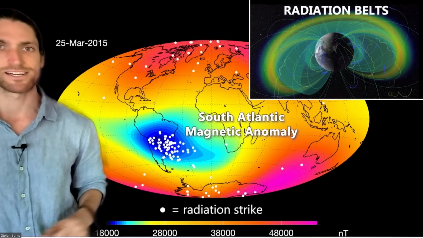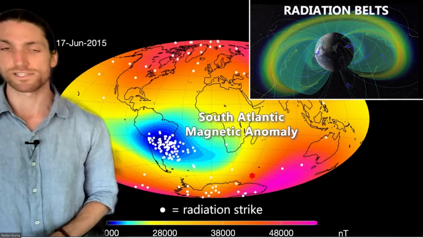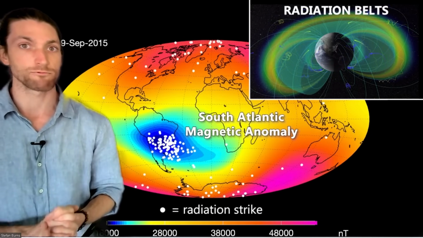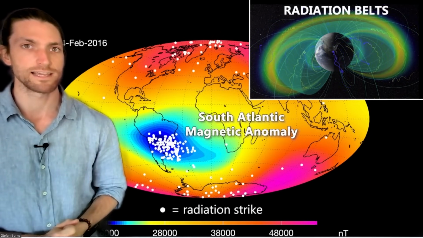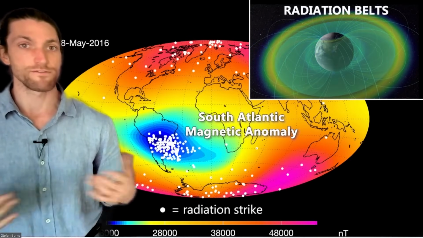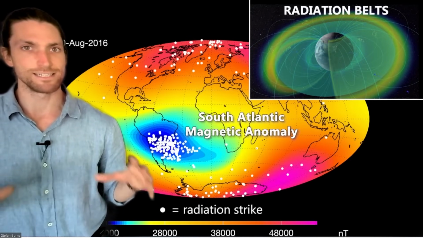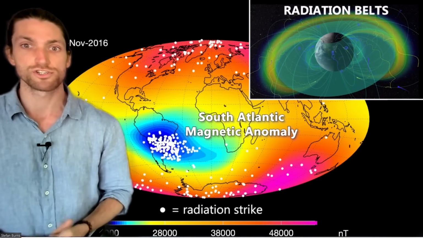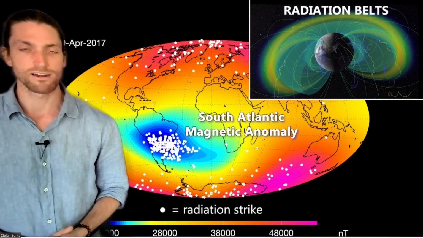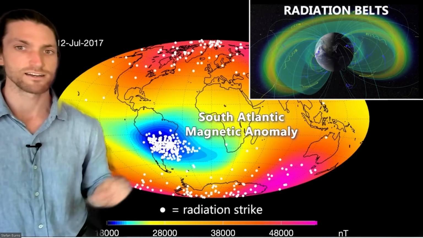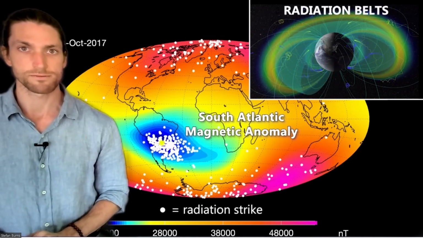You can see that it's centered primarily over Brazil, specifically, Rio de Janeiro is right in the center of this South Atlantic Anomaly in many ways. And if you've ever been there, it really has a different type of energy and charge to it. So sometimes you can even feel these types of magnetic anomalies if they're strong enough, and the South Atlantic Anomaly certainly is one of those places.